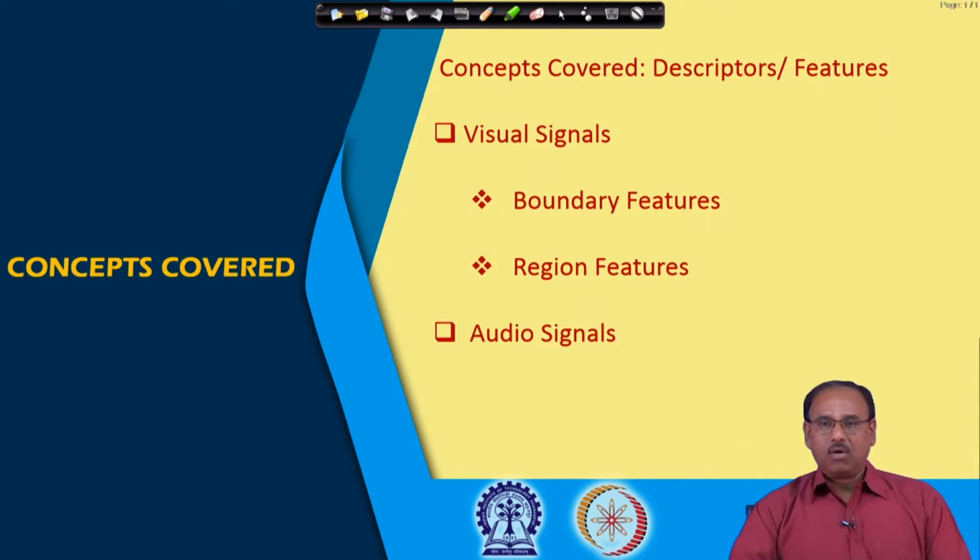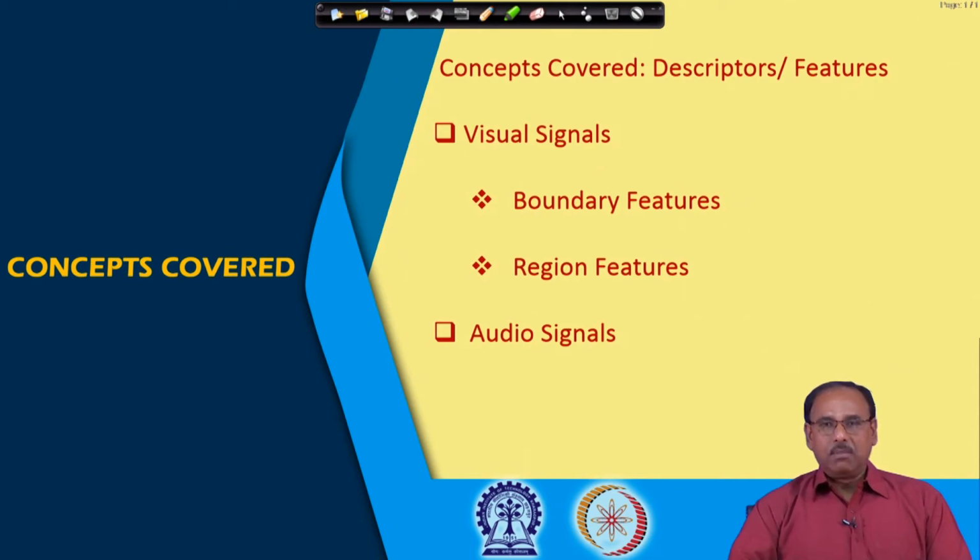These signals can also be audio signals that we can hear, like speech signals or voice signals, using which I can differentiate among different speakers. I can also understand what is being spoken. The applications can be speaker identification, speech to text conversion and many such applications.